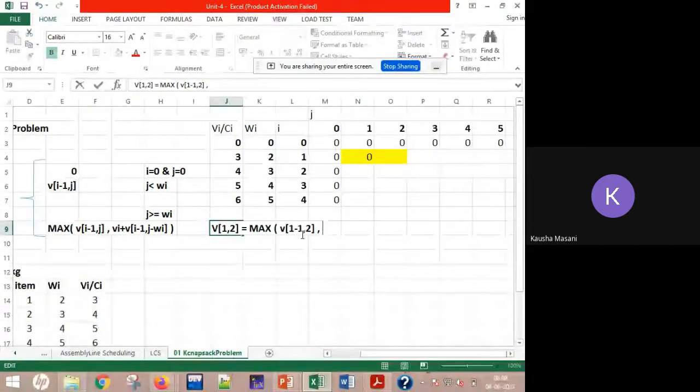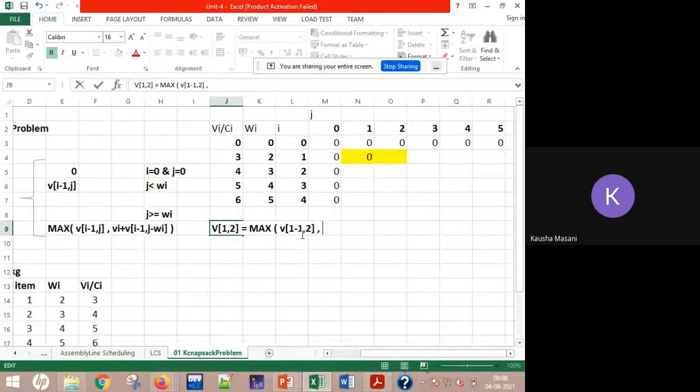V of i is 3, because my i is 1 and the cost of that first item is 3, plus V of i minus 1, so 1 minus 1, again 0, comma, j which is 2, minus Wi which is 2.